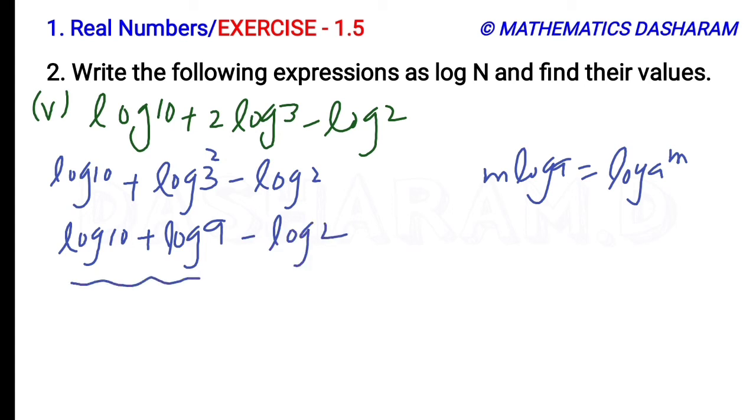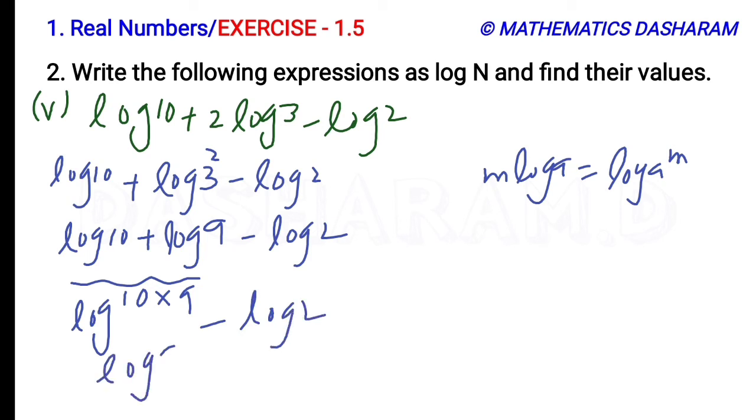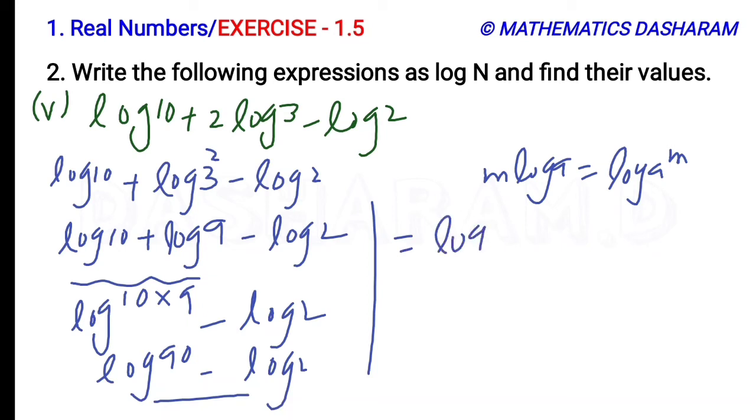For the first two terms, log a plus log b formula, that is 10 into 9 minus log 2. So log 10 into 9, 90 minus log 2. Now log a minus log b formula, so that is log a by b, so 90 by 2, 45. So log 45 is the answer.